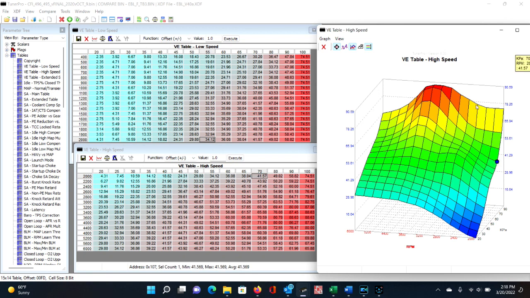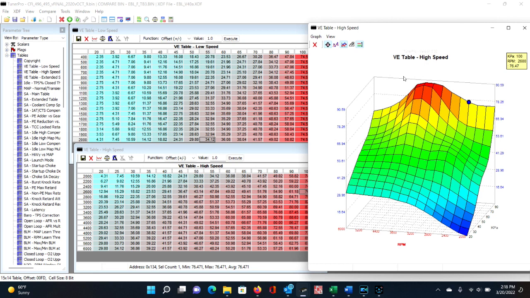The torque curve on this particular 496 inch lift cam really starts to come to life at about 2600 RPM. Then it starts to crest, and by about 4600 to 4800, the torque curve is pretty much done on that particular cam, but you can see what that looks like.